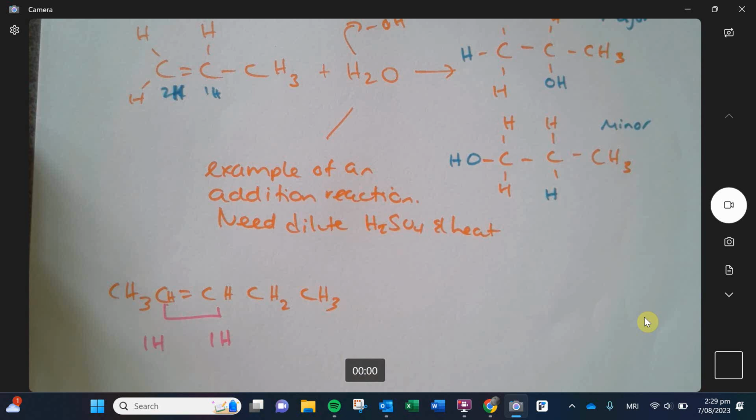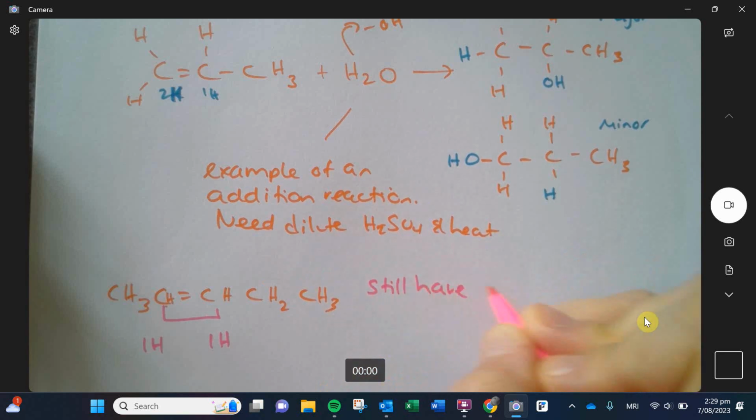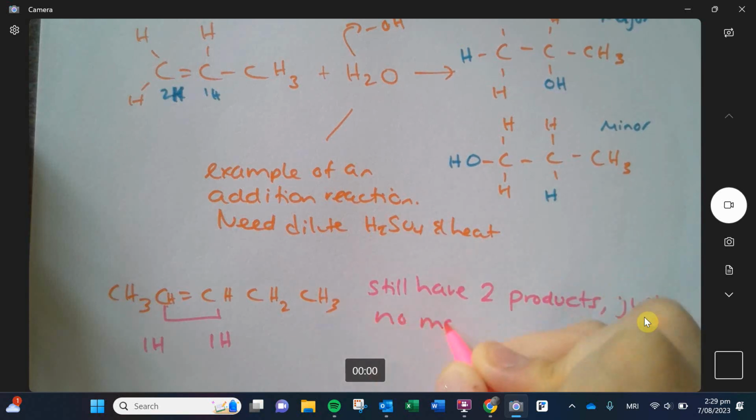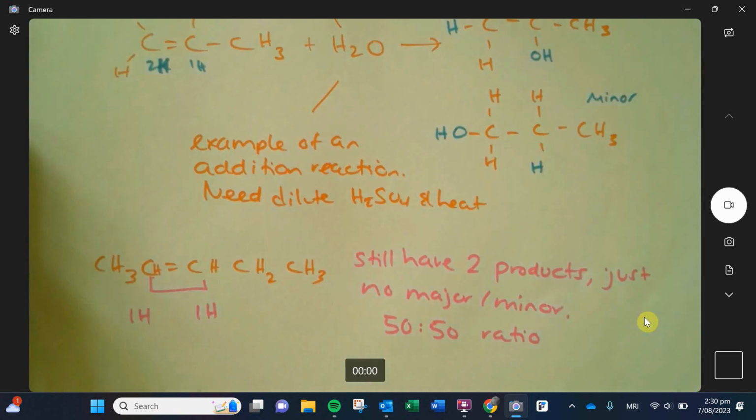There will still be two products, it's just they're going to be in a 50-50 ratio. Just no major, minor. It'll just be a 50-50 ratio. Are we okay with that? So that's what happens with Markovnikov's rule. So those are addition reactions. There's only two of them.